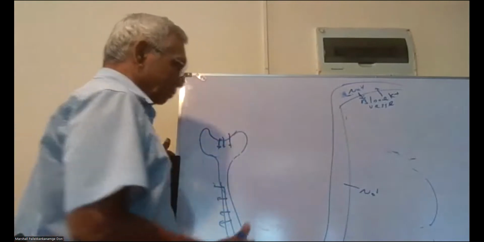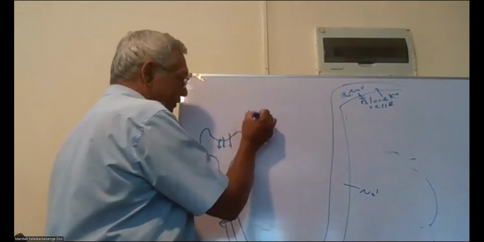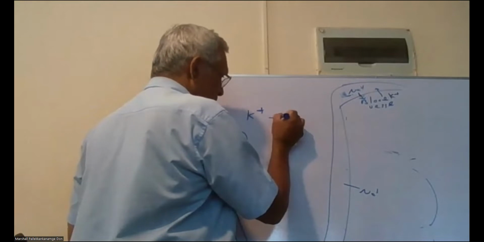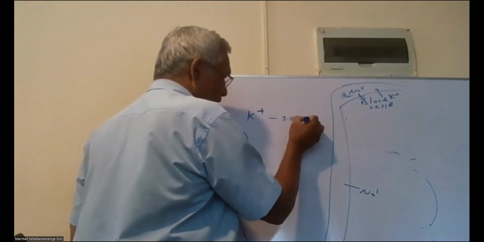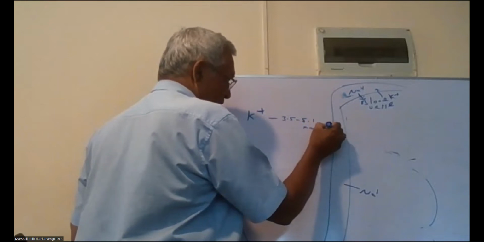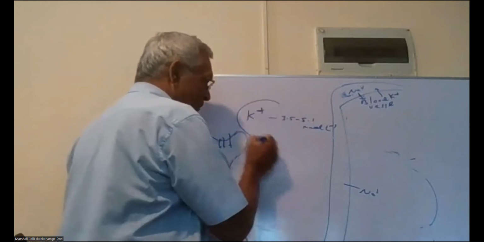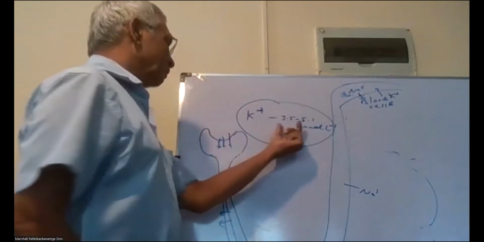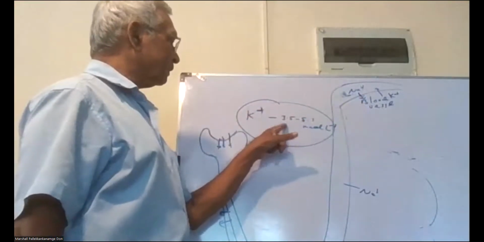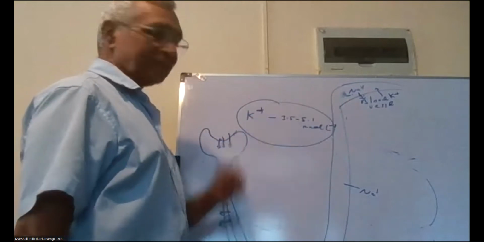But the normal range of potassium ions, K plus in plasma, is 3.5 to 5.1 millimoles per liter. Now, this has to be maintained, a very narrow range. This mechanism controls the blood potassium within this level.